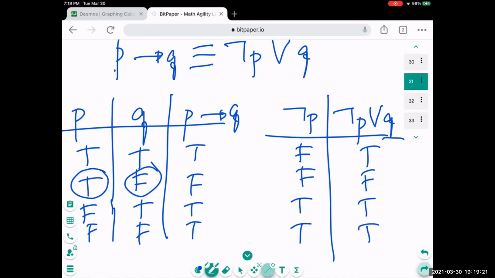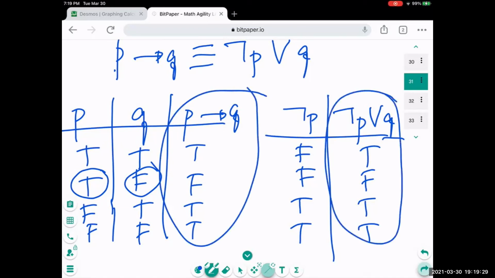So, parehas ba siya? Right. Ito yung conditional statement, ito yung truth table niya. And then, ito yung negation of P disjunction of Q, which is TFTT, similar to P conditional Q. So, we have proven this equivalence using truth table.